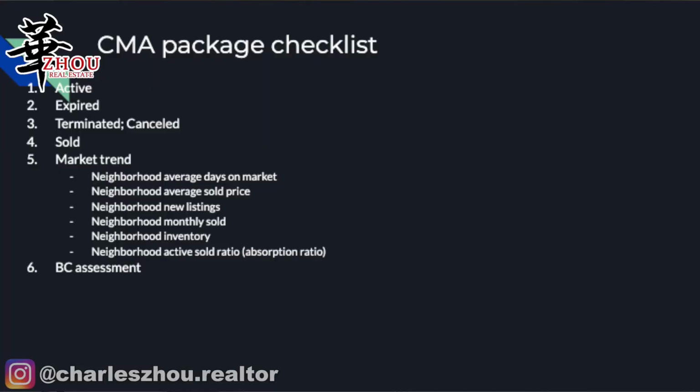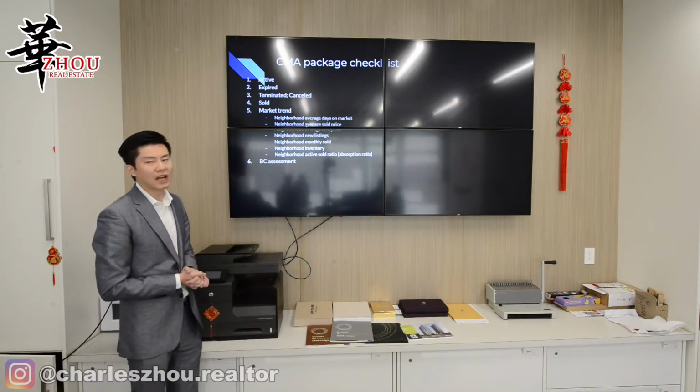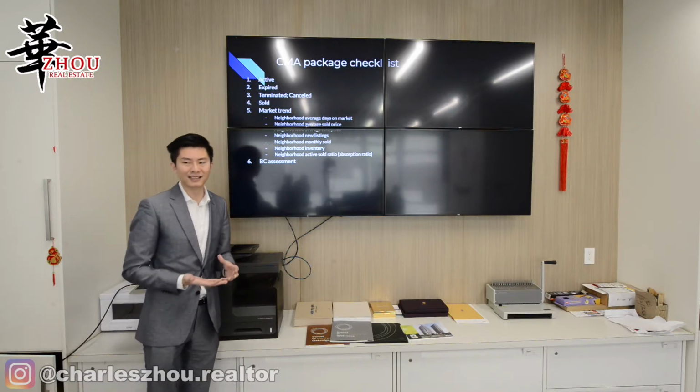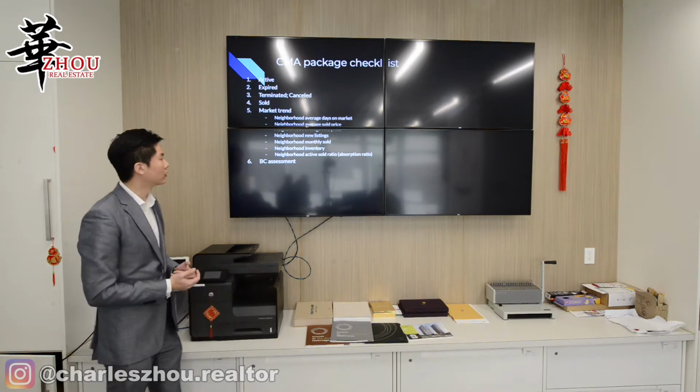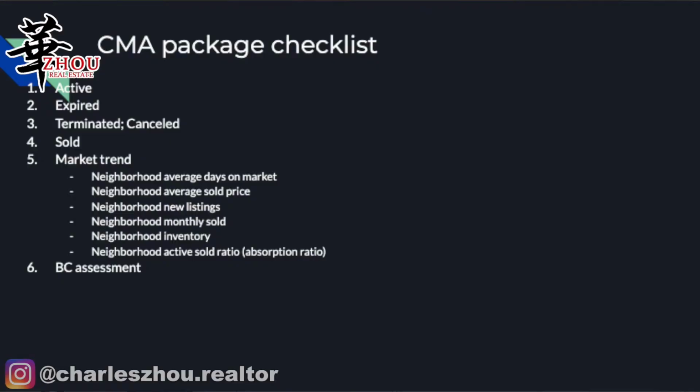For the market trend, you have to show people the neighborhood average days on the market, how long it's been on the market, average sold price, new listings, monthly sold, inventories, and also active sold ratio. You have to understand those terms so you are able to explain this to the buyer and seller. And last one, BC assessment. You have to educate them on what BC assessment is.